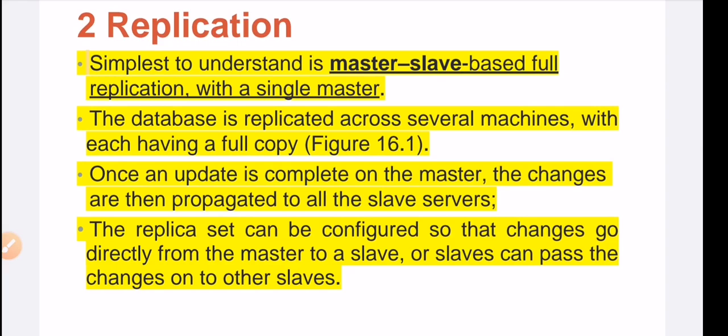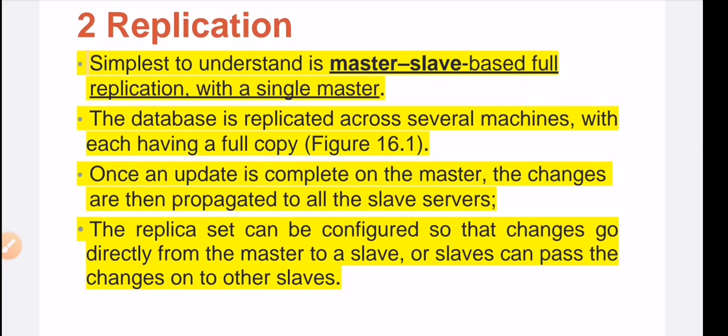The simplest way to understand replication is using master-slave based full replication with a single master. So we have one master, our single master, and we have many slaves. Okay, so it is master-slaves. The database is replicated across several machines, with each machine having a full copy of a data set.